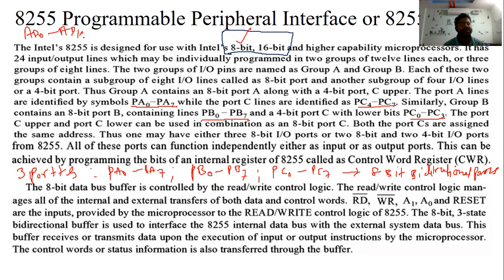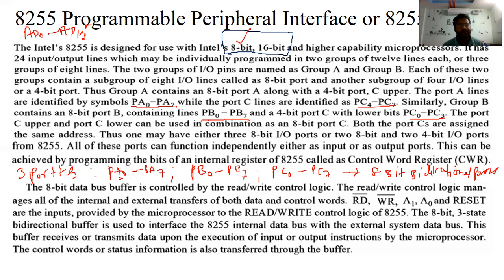These are bidirectional lines, but they are not multiplexed, because they are used for only one purpose. They are all data lines. You can send the information and at the same time receive the information. The A here is not the address lines. The A indicates port A, port B, and port C.